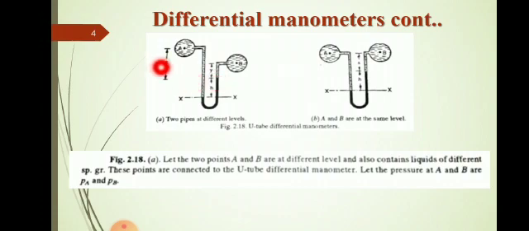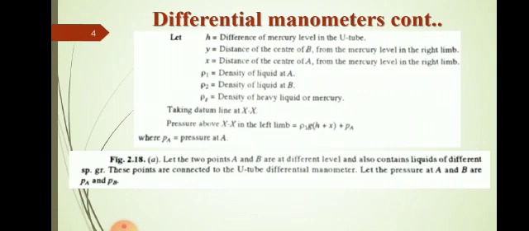So that is x. Now as we have already told, these two pipelines are carrying two different liquids. So let rho 1 be the density of the liquid at A, rho 2 be the density of the liquid at B, and rho G is the density of the heavy liquid or mercury.